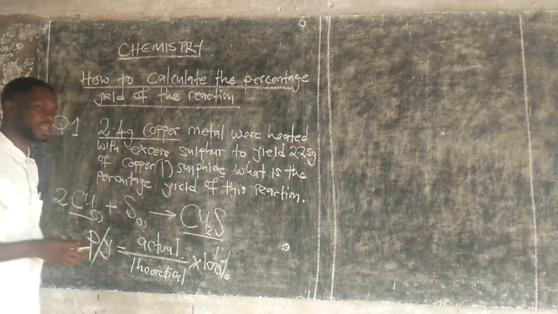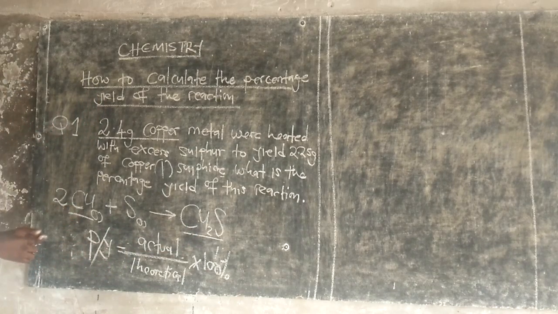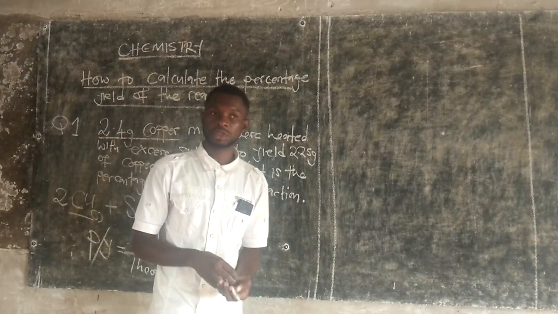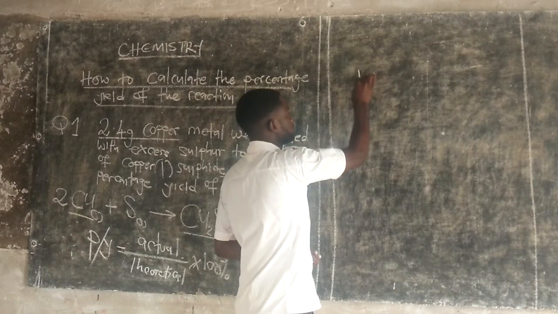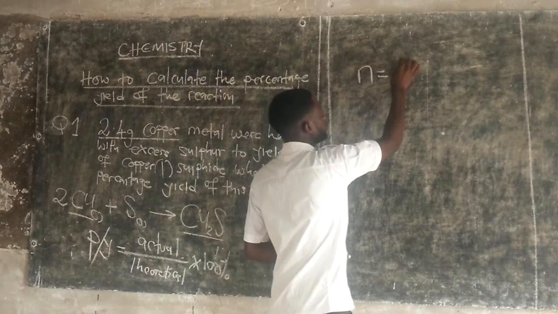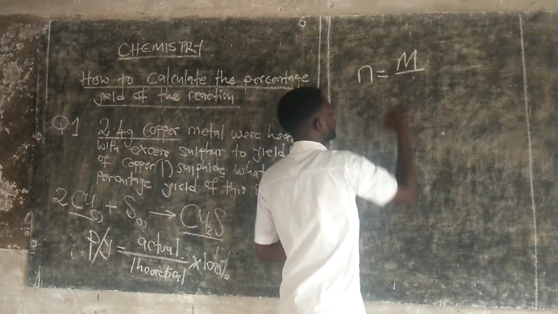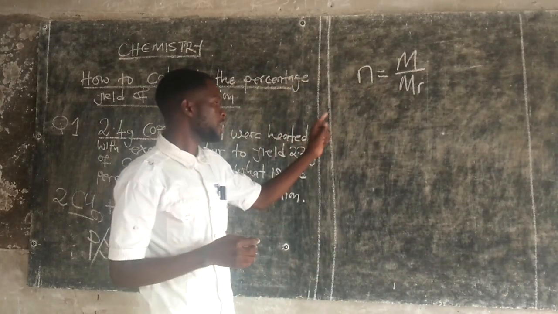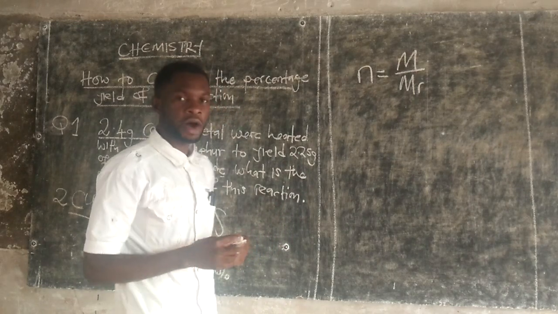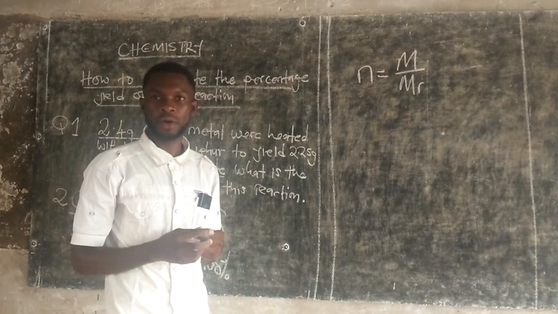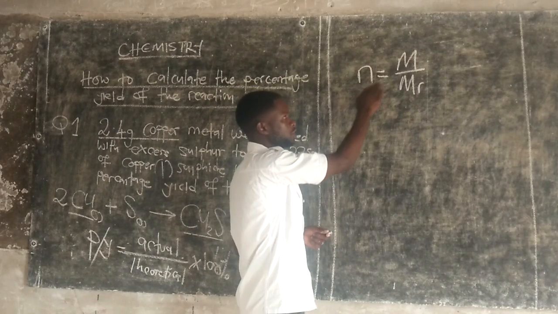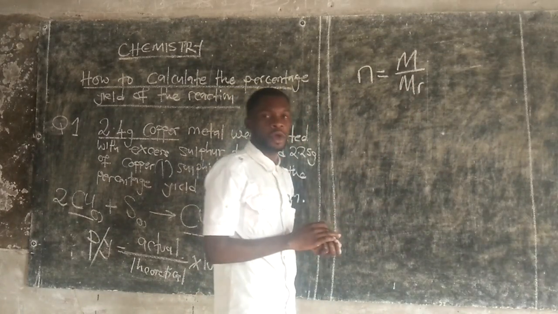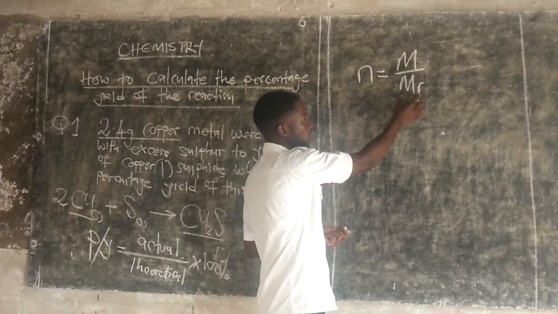So how are we going to calculate the number of moles for copper? We have the formula that we use under the mole concept to calculate the number of moles of a given compound. The number of moles is equal to mass over the molar mass, or the relative molecular mass, of this compound.